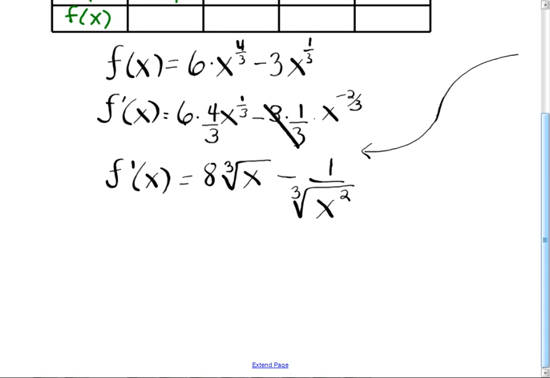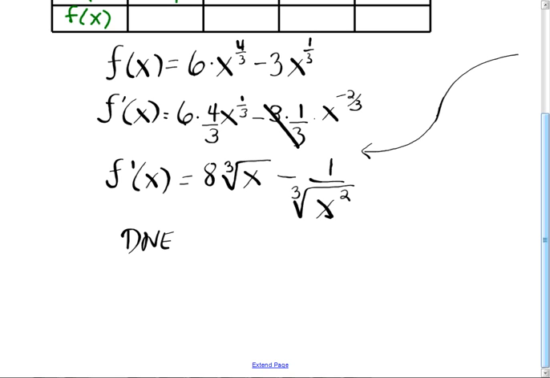Because now I can look to see where f prime does not exist. Okay, Adam, where does this derivative not exist? It does not exist when the cube root of x squared is equal to 0, because you can't divide by 0. Cube root of 0 is 0, right?